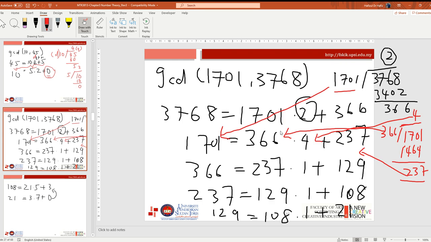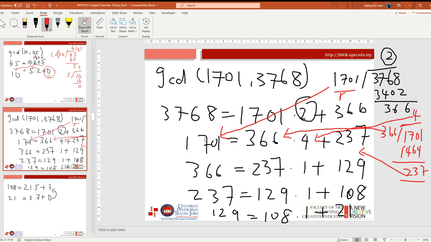GCD for 1001 and 3768, same. 171 is a divisor. We have the quotient, this one is the dividend, and R is the remainder.